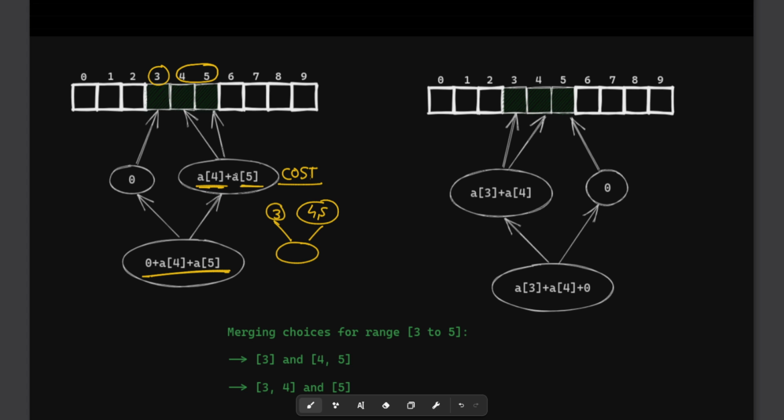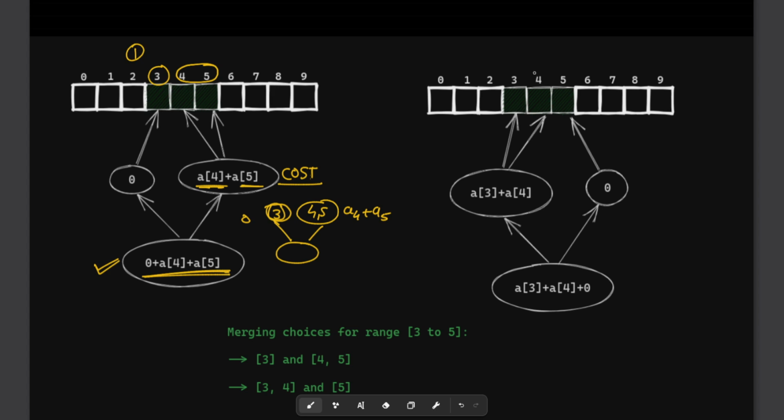Since 4 and 5 are a single entity now, their total value is A4 plus A5, and A3 is again a single entity, but the cost of making it a single entity is 0.